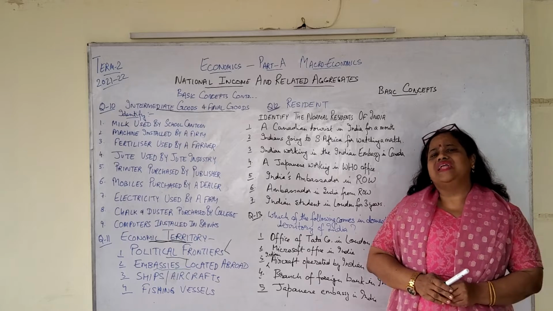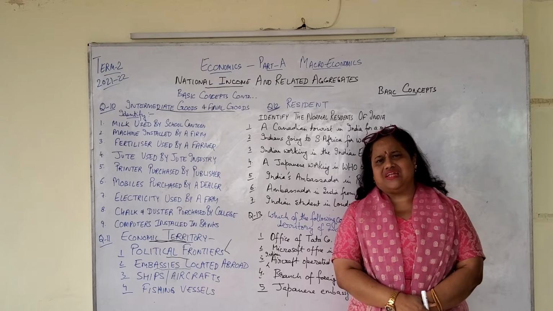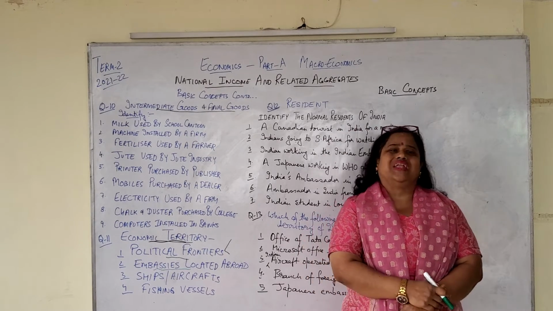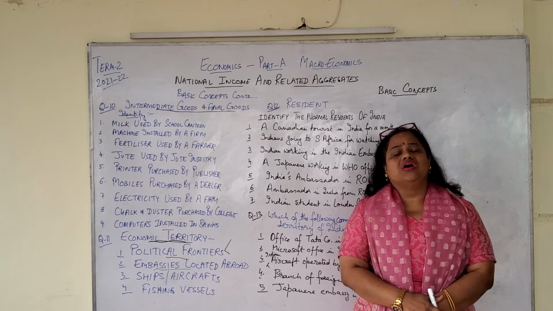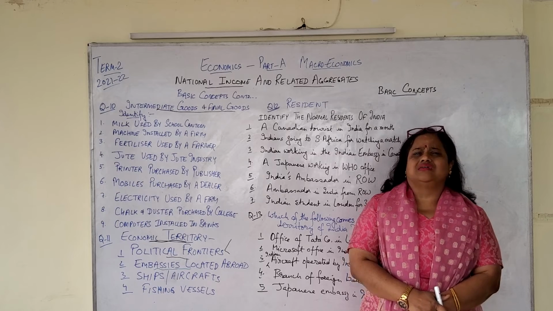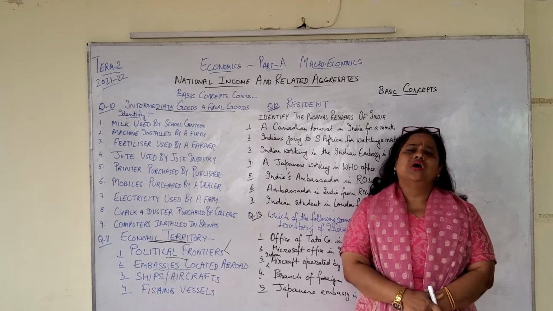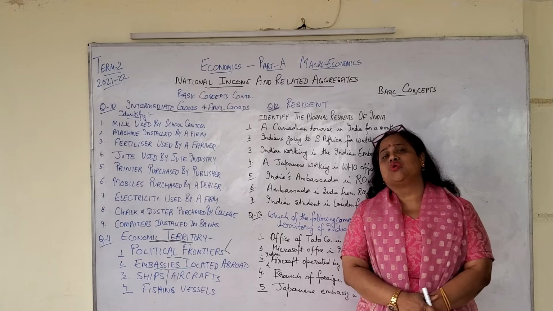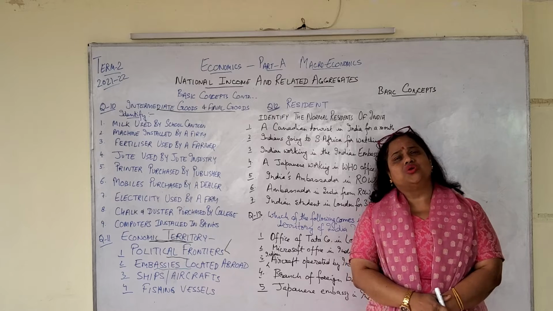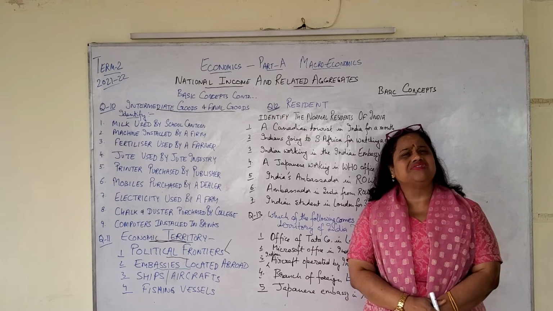Right. So now in this case, let's see who are the non-residents. If I say the office of an international organization, like a United Nations organization, like World Bank, like ILO, International Labour Organization, like WHO. So if I say an office of WHO located in India, is the WHO office located in India a resident of India, because it is an institution?